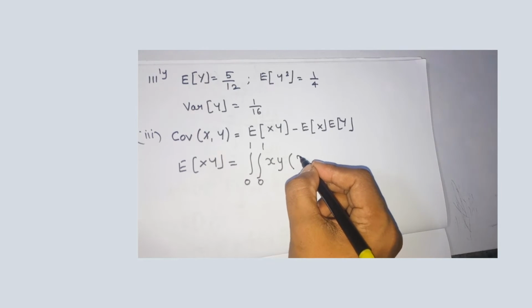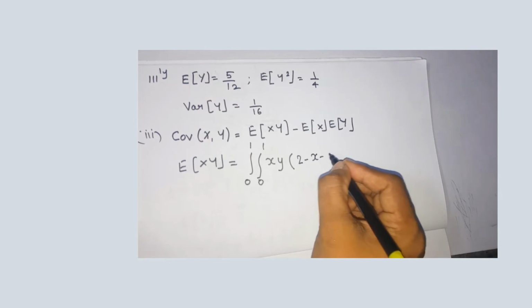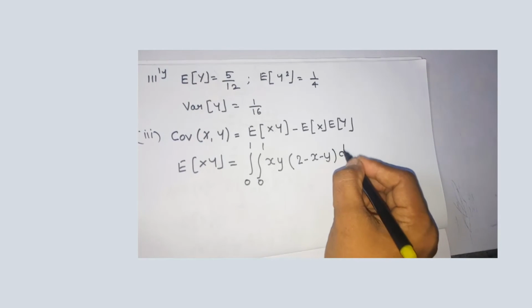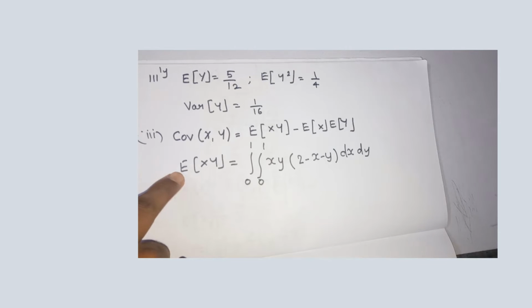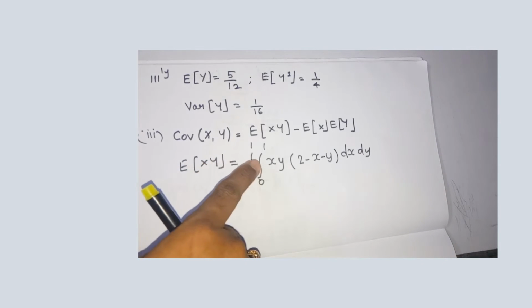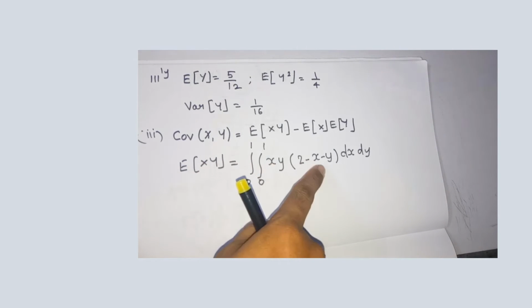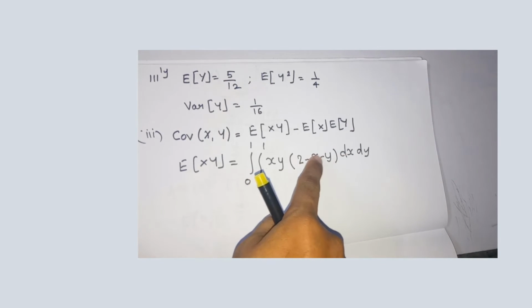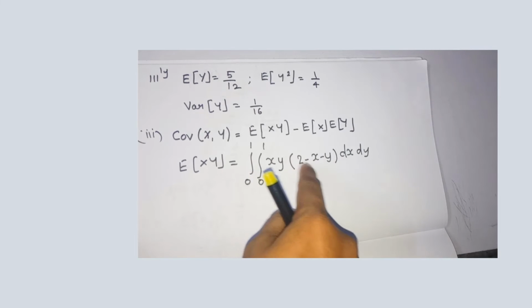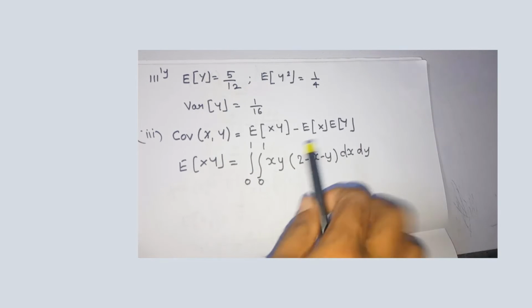The function that is given is 2 minus x minus y, dx dy. The formula generally, how do we write it? Expected value of xy is nothing but double integration of xy into the function f of x comma y dx dy. Now our function is given over here.